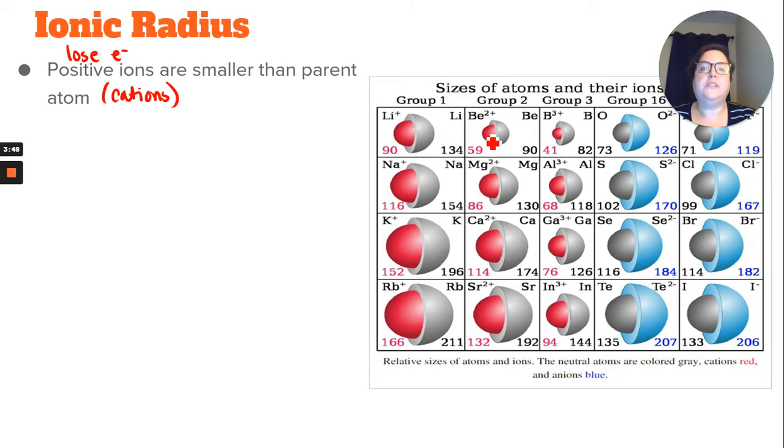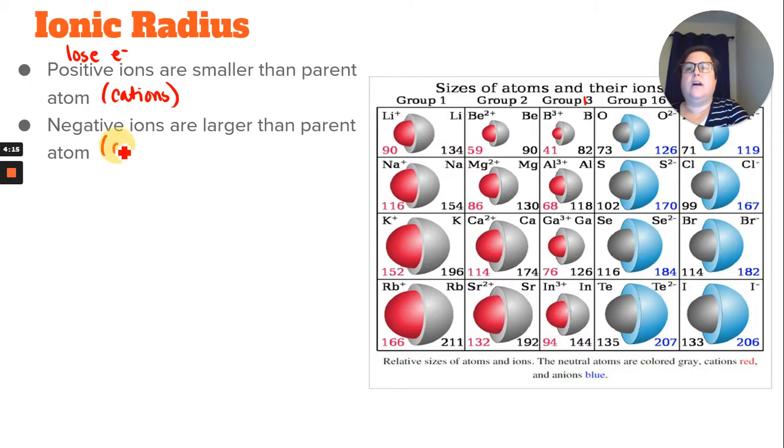So if we look at the picture here, these first three columns are your cations, groups 1, 2, and 13. And so what happens is that parent atom, which is represented by the gray shell, is larger than the red shell, which is what it ends up being once it loses that valence electron. So positive ions become smaller because they're losing that valence shell.